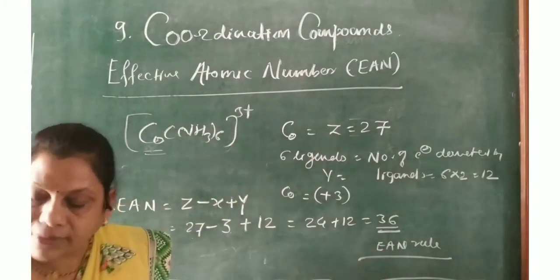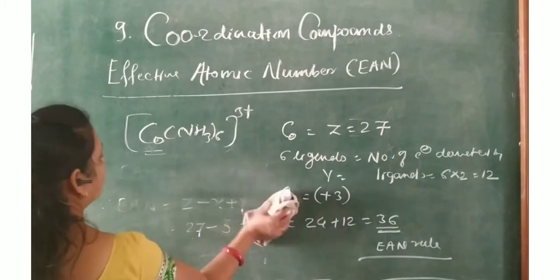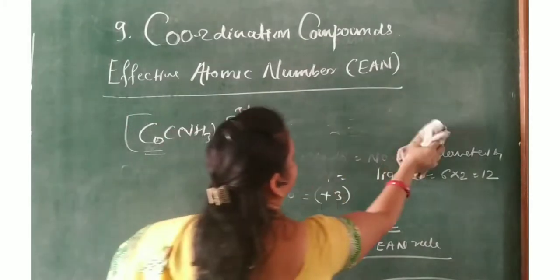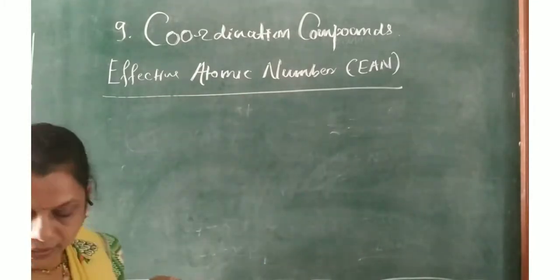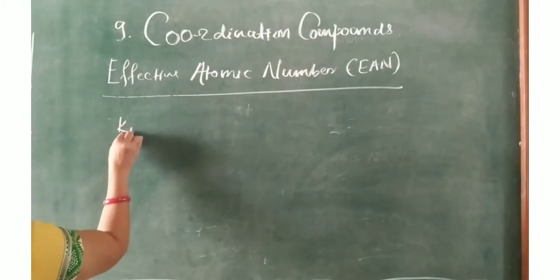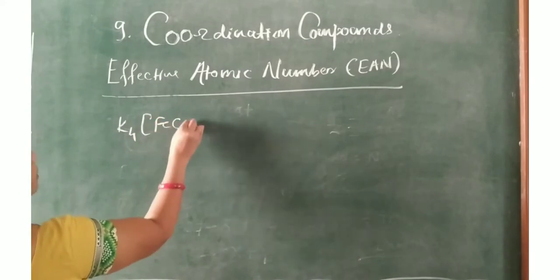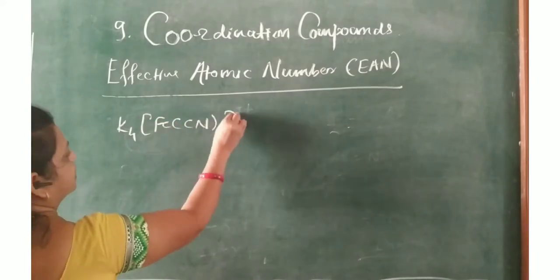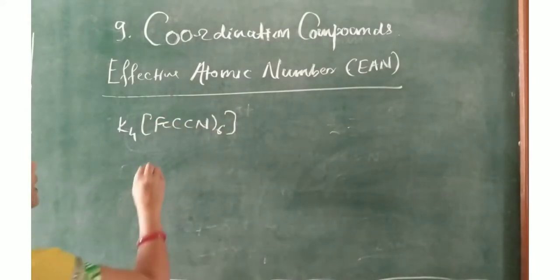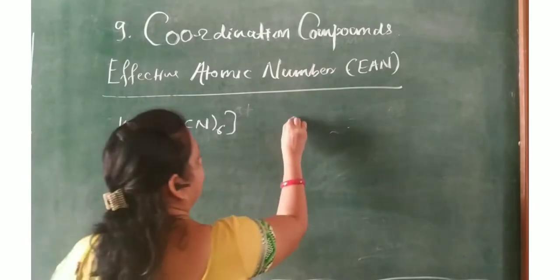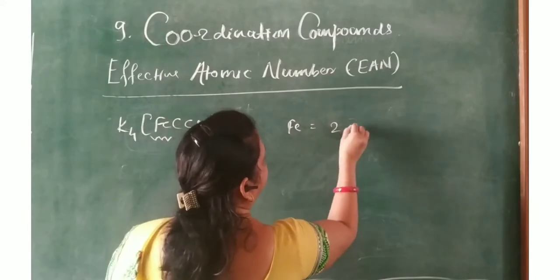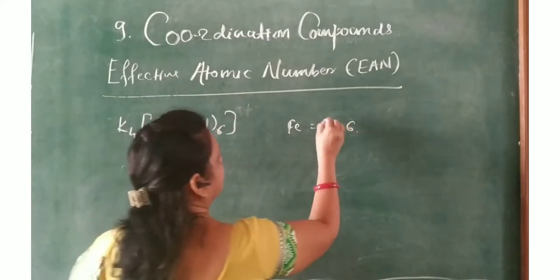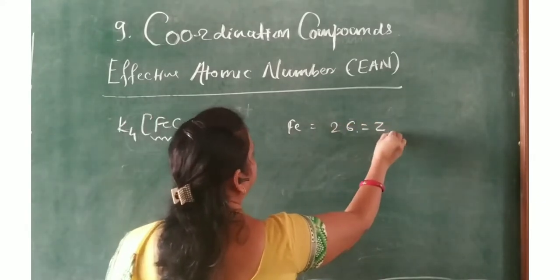Next example, K4[Fe(CN)6]. Here the central metal is Fe, with atomic number 26, so Z is equal to 26.